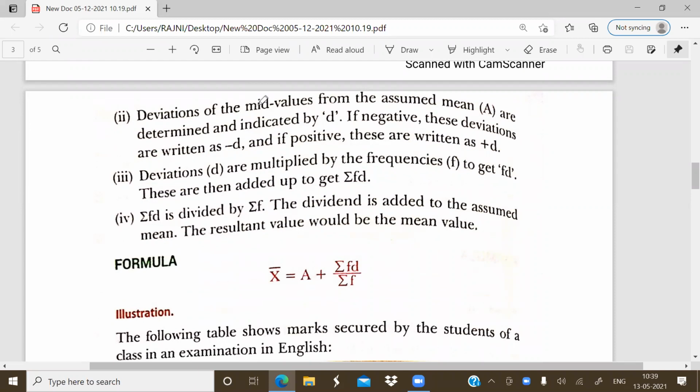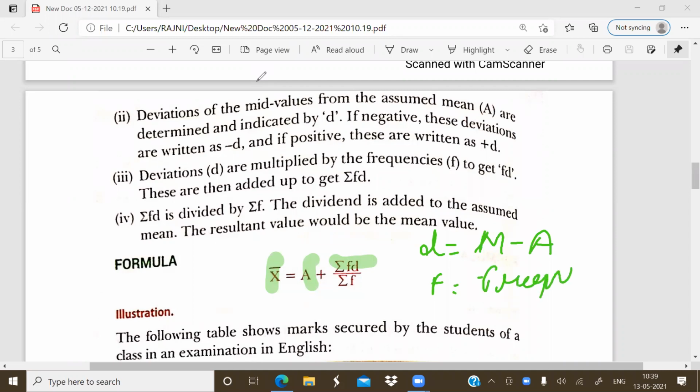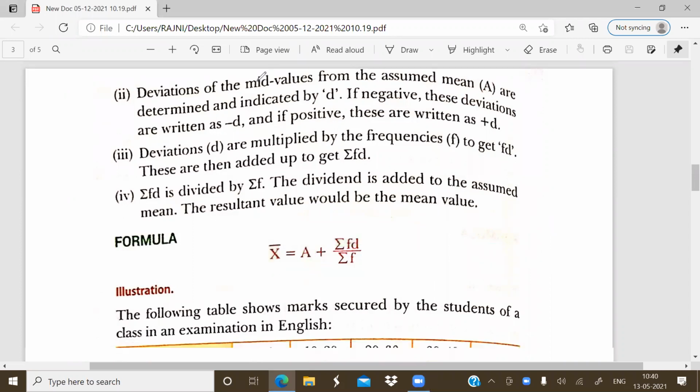After that, the mean can be calculated using the formula: x bar, the mean, is equal to A, which refers to the assumed mean, plus sum of FD divided by sum of F, where D is the deviation. It means X, the mid value, minus the assumed mean. Okay. And F is the frequency. This is the simple process to calculate the mean in the case of the frequency distribution series.